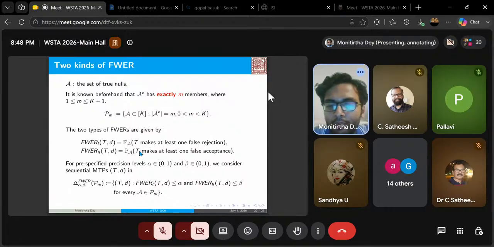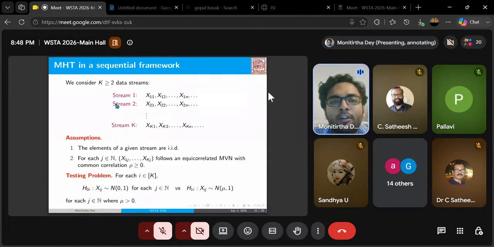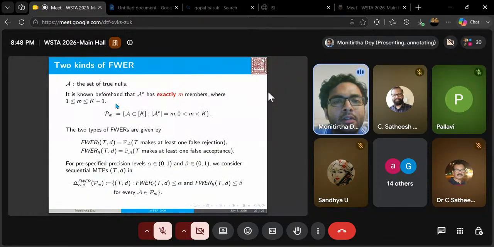Now, we have also considered other setups, but in this talk, we shall focus on the case where we know beforehand the cardinality of the set of true nulls and the set of false nulls. So we assume that from these k many null hypotheses, exactly m many are coming from the alternatives, and k minus m are coming from the true nulls.